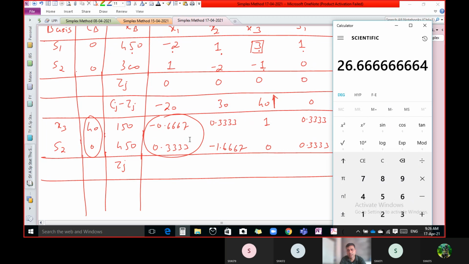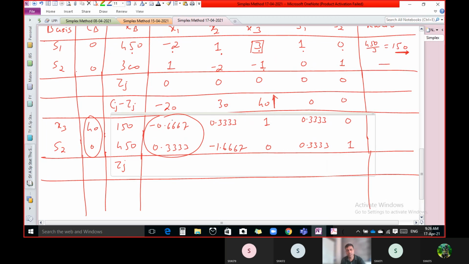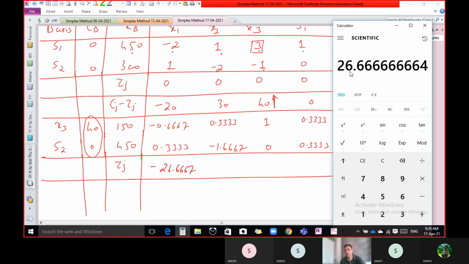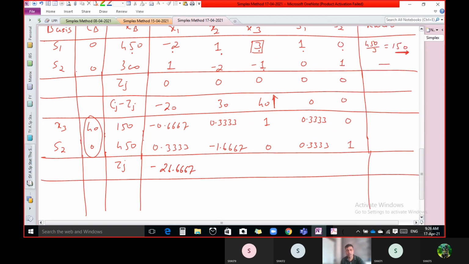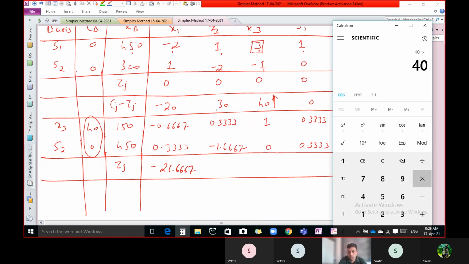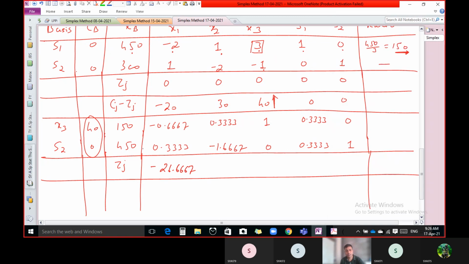So my final answer is minus 26.66667. Okay, now this 40 into 0.33333, that is 13.33333, and this into 0 is 0, so we get 13.33333. Now 40 with this 1, 40, and 0 with 0, 0, so we get 40 only.